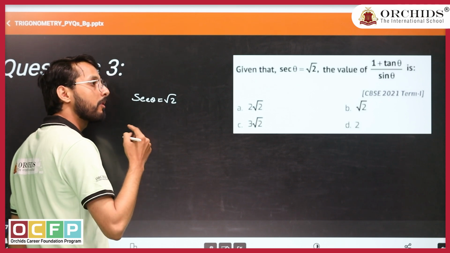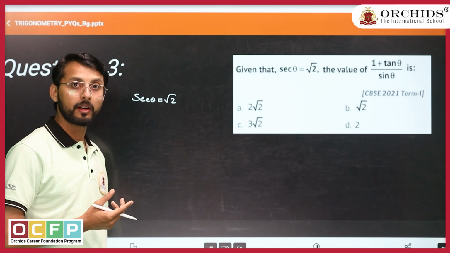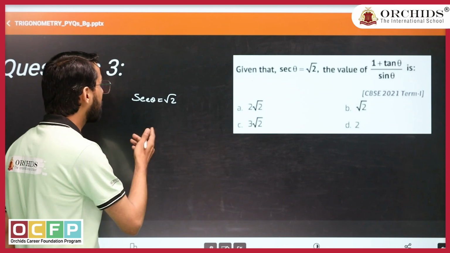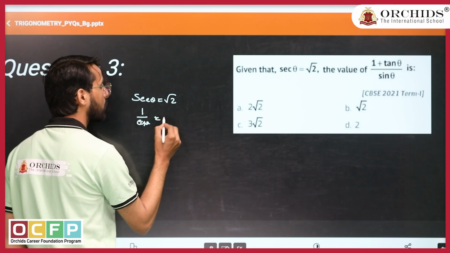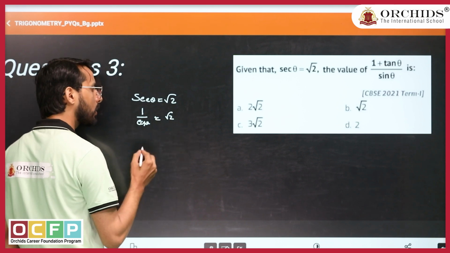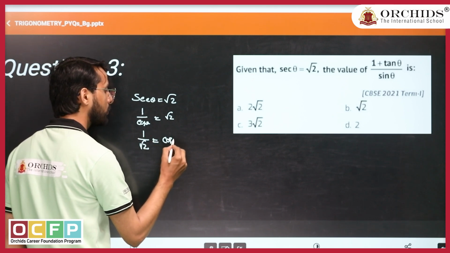Now, if you are very good with the reciprocal part of the standard values of sine, cosine and tan, then we can directly tell, otherwise I can write this as 1 by cos theta is equal to root 2. 1 by cos theta is equal to root 2, it means 1 by root 2 is equal to cos theta.